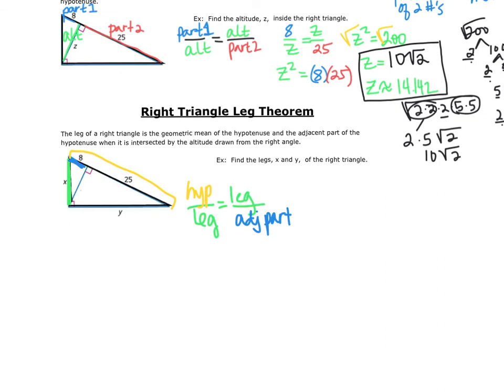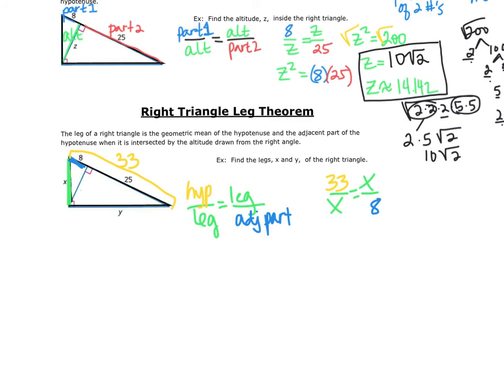Okay, so in this case, x is the geometric mean between 8, oops, that's not the hypotenuse, 8, and the hypotenuse, which is adding 25 plus 8, so that's 33. So the length of that one leg is the geometric mean between 8 and 33.